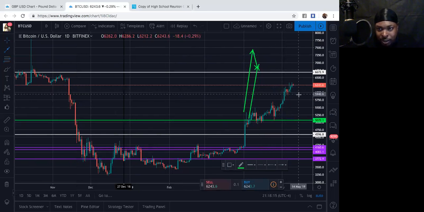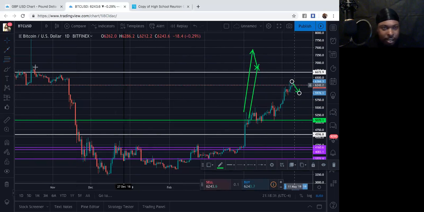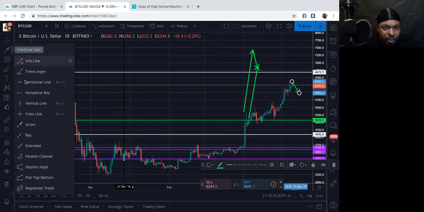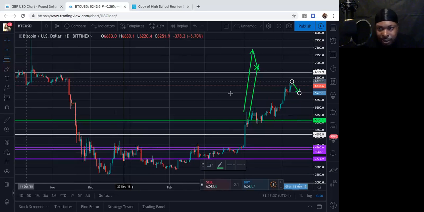So basically we could see it do something in this area. Let me put my horizontal lines back up, basically where I believe it could possibly come back down.